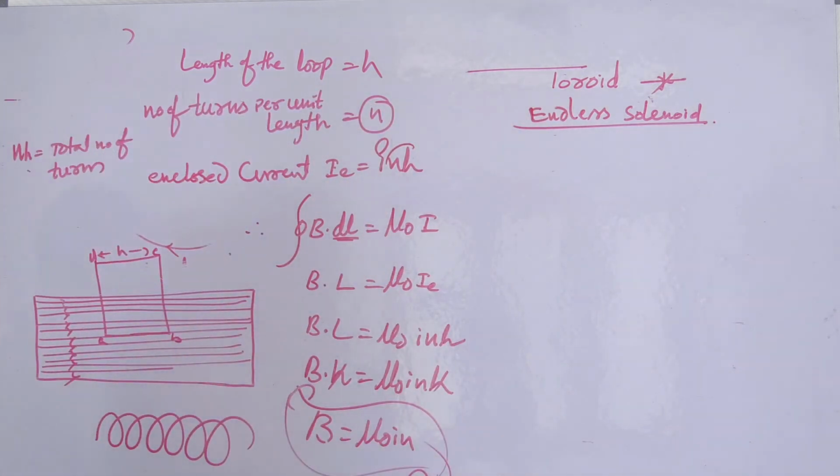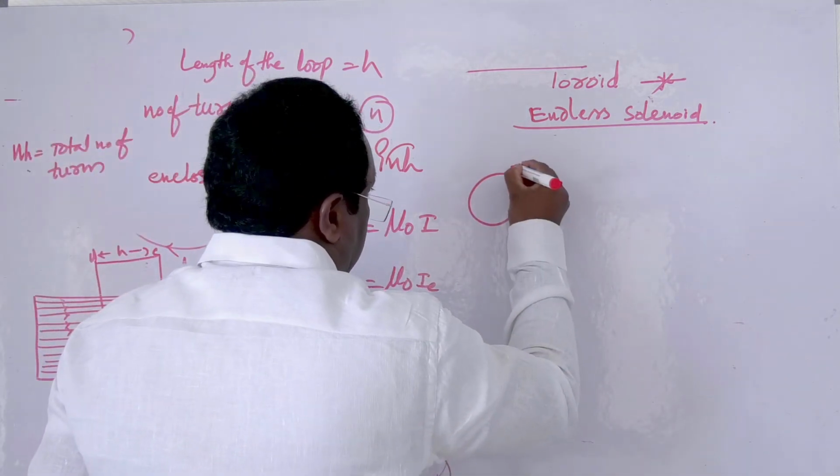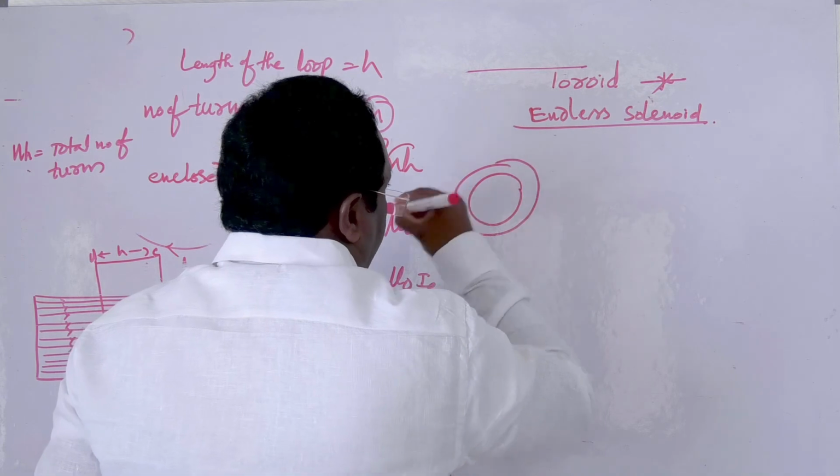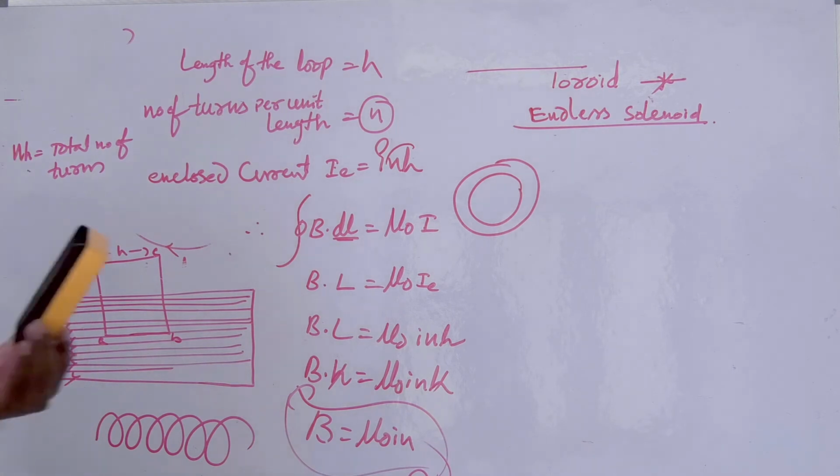So a toroid consists of a hollow insulated ring. On that insulated ring, a metallic wire is wound in a number of turns. All those turns are closely spaced.